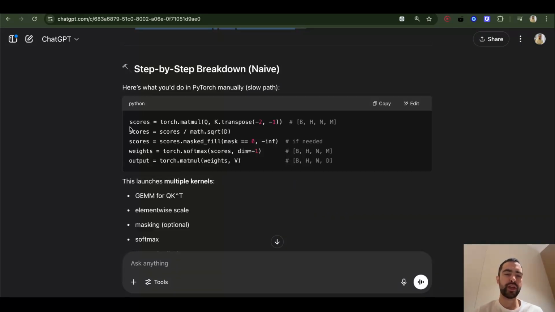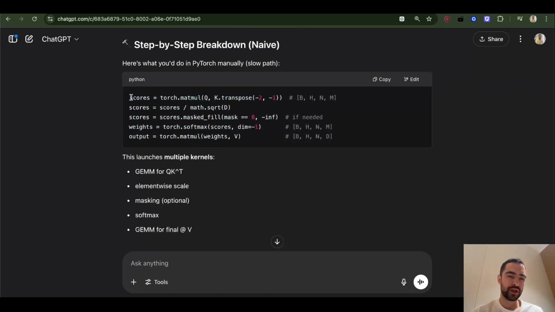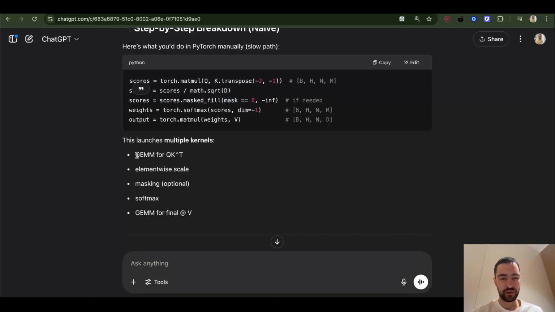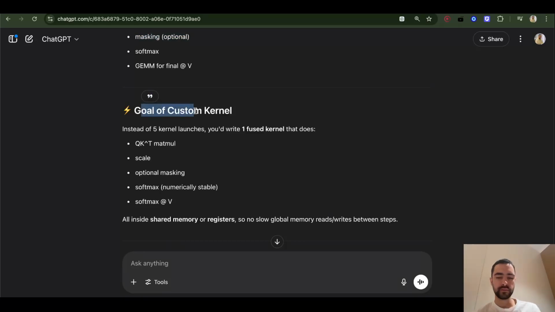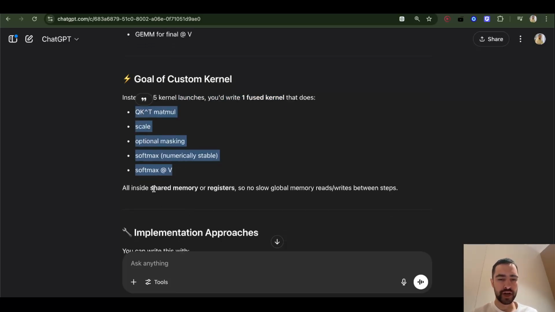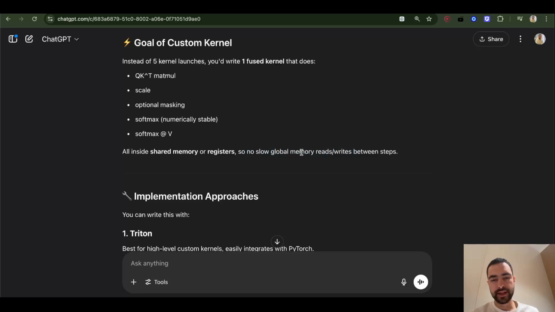The naive way would be just to calculate it step by step. You see? Each calculation is going to be a separate kernel. So we will have general matrix multiplication, element-wise scale, masking, softmax, and the final matmul. The goal of a custom kernel: instead of 5 kernel launches, you'd write one fused kernel that does all of that, all inside shared memory or registers, so no slow global memory reads and writes between steps, because these global memory reads and writes can be a bottleneck.